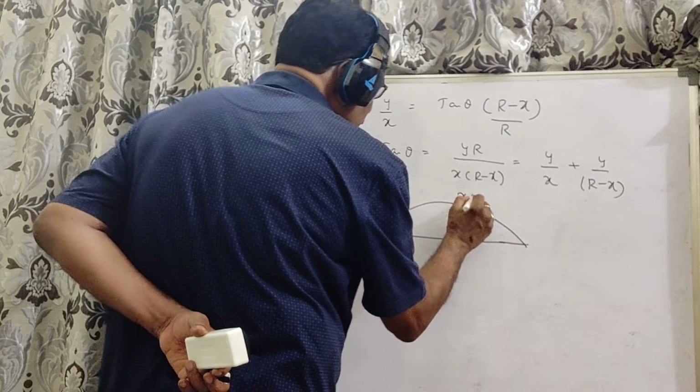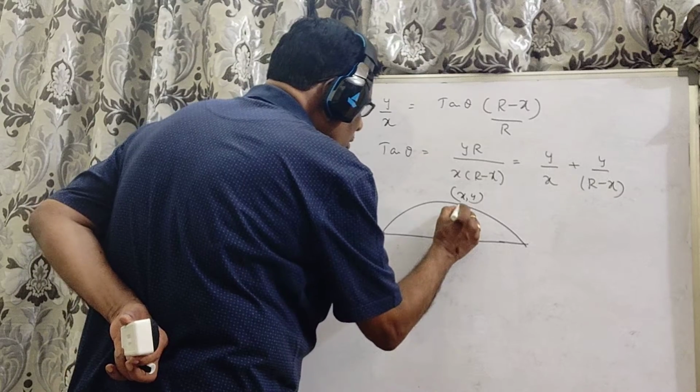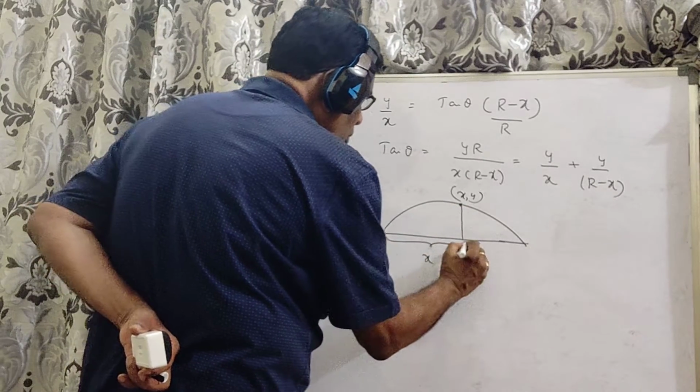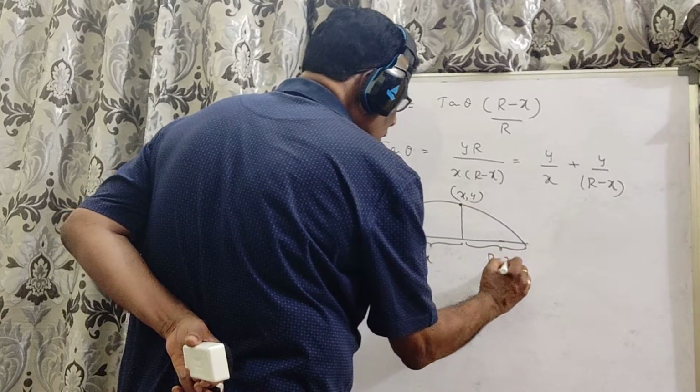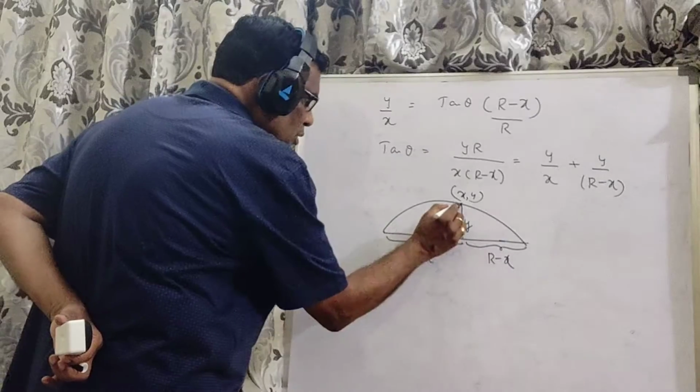Suppose this is my point x comma y. This is x, obviously this is r minus x, and this is y.